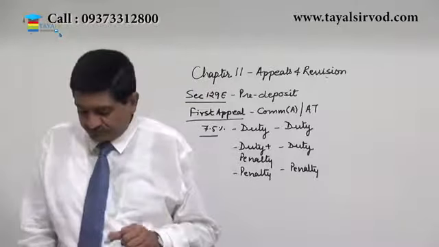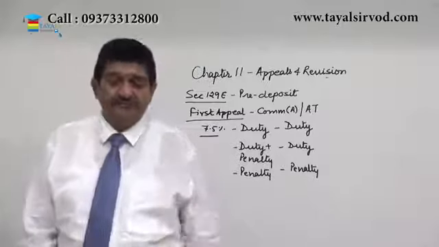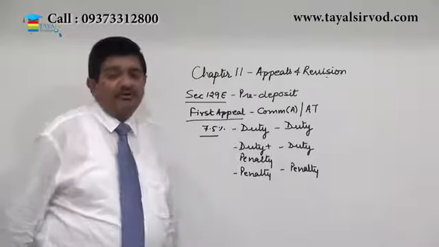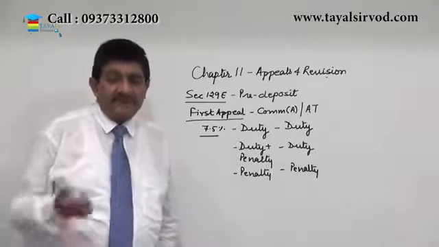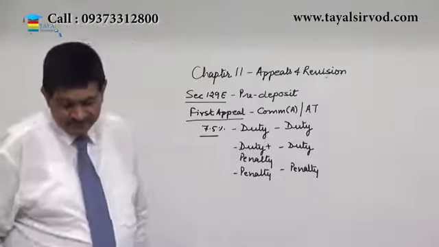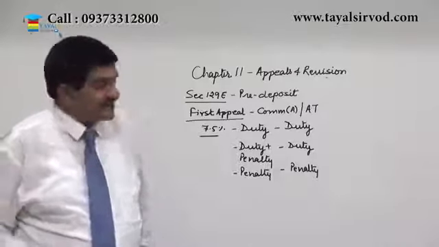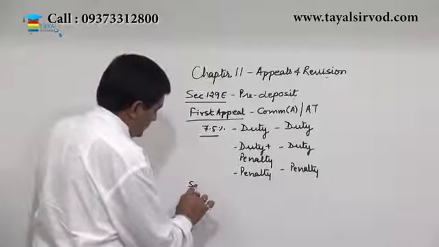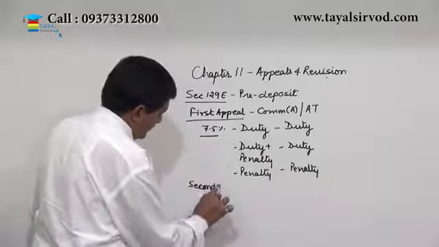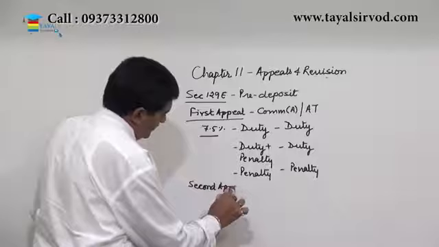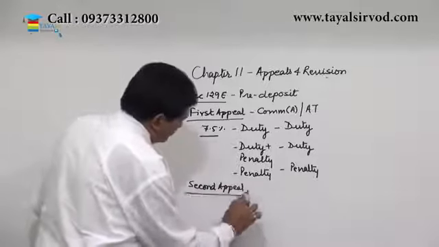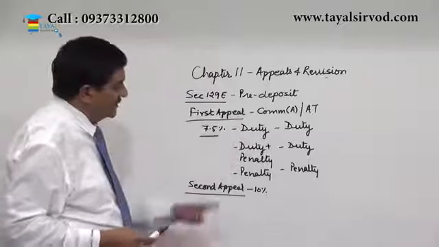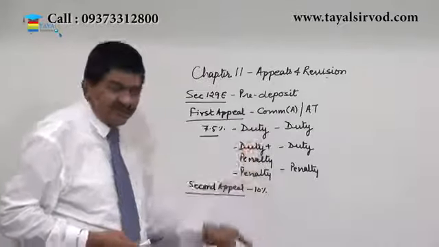So then comes the second appeal. The second appeal is bound to be before the appellate tribunal if the first appeal is before the Commissioner Appeals, right? So if it is a second appeal, the amount becomes 10% of the same again.